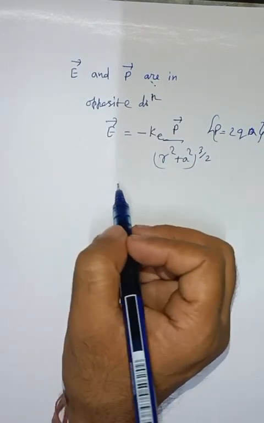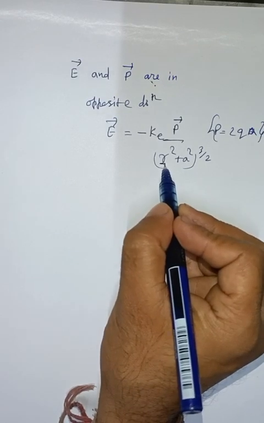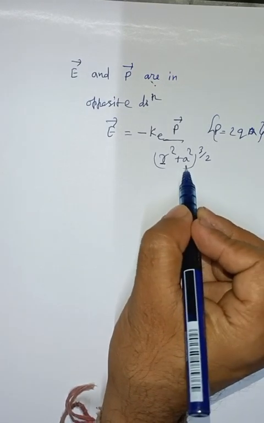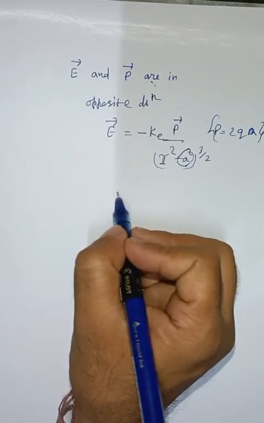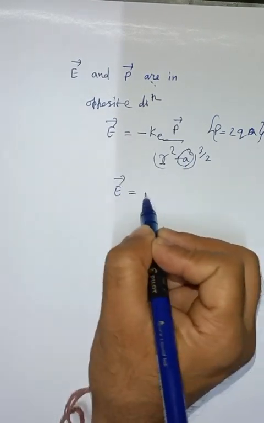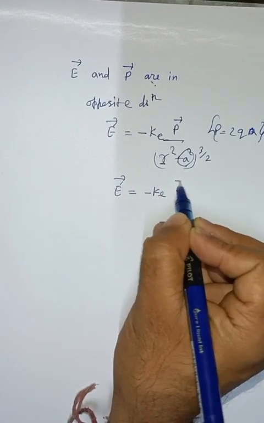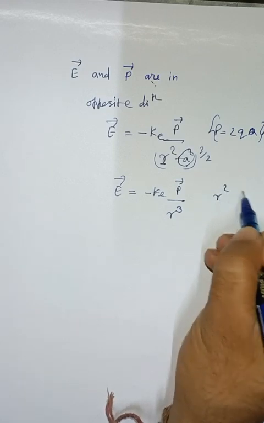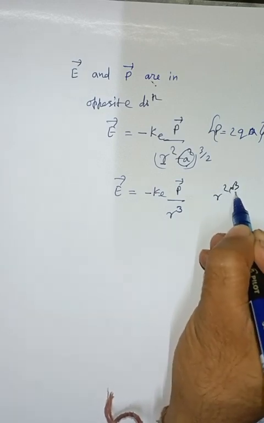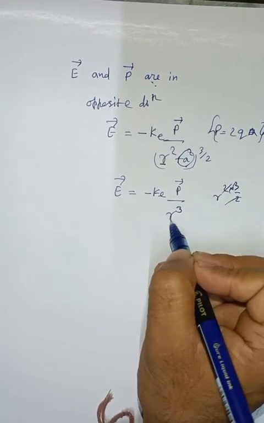Now if this r is very large as compared to a, we can neglect this a square. Then our formula will become vector E equal to minus KE vector P upon r cube. How? r square to the power 3 by 2 is r cube.